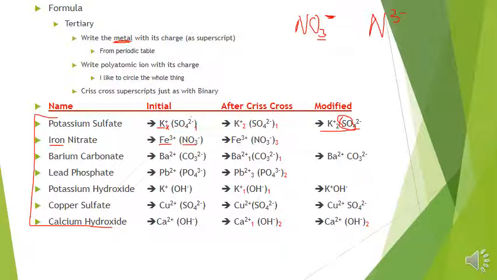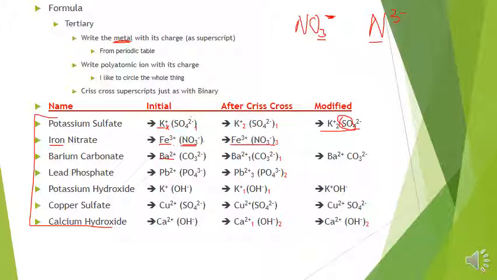Nitrate is NO3, 3 O's and 1 minus, and nitride is N with 3 minuses. So iron nitrate is Fe3 plus, NO3 minus. Crisscross charges, bring 3 here and 1 here, and so you get Fe3 plus NO3, 3. And there you go.